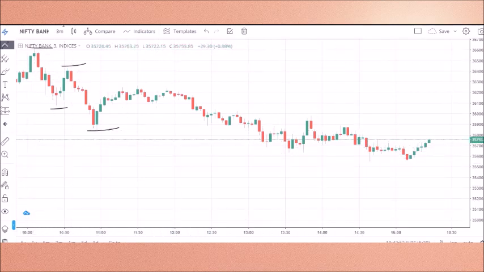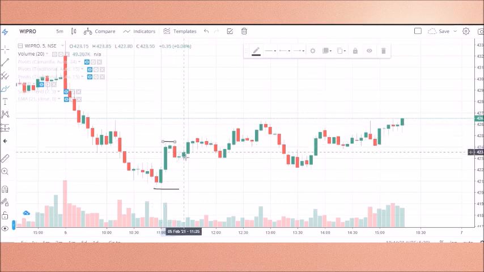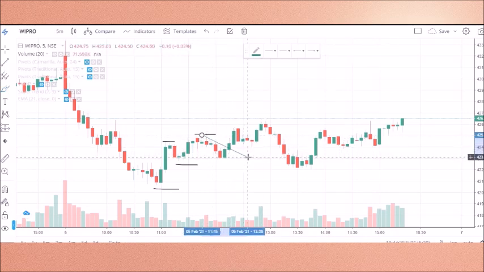Now let's also check this for a stock. See, in this stock, Wipro, you will get low, high, higher low, higher high. So this is your breakout.